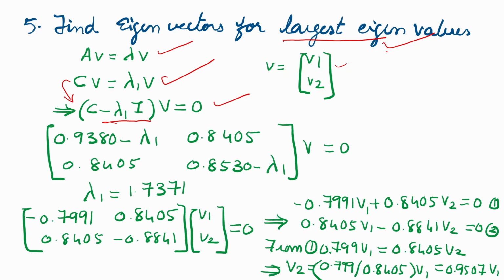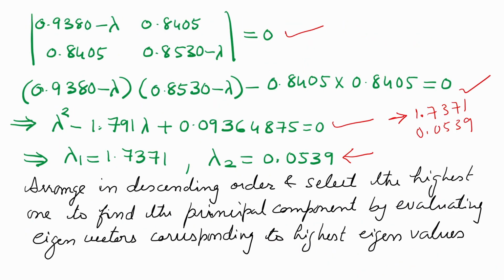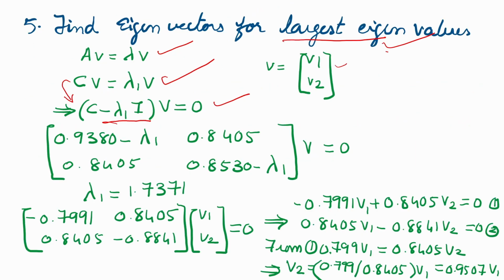This is the matrix equation we were already having. Instead of lambda, we are substituting lambda 1, whose value is 1.7371. So 0.9380 minus 1.7371 gives you minus 0.7991.